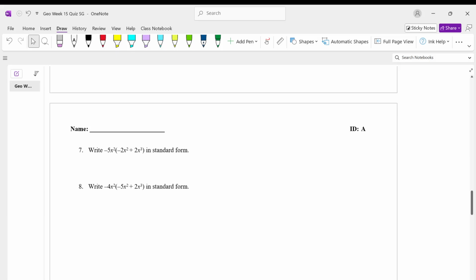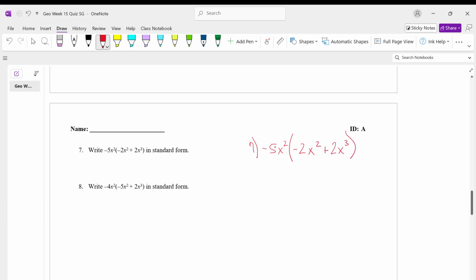And problems 7 and 8, you're asked to write these in standard form. So what you're going to do is distributive property. So we're going to start off here with number 7. We got negative 5x squared times negative 2x squared plus 2x to the third.